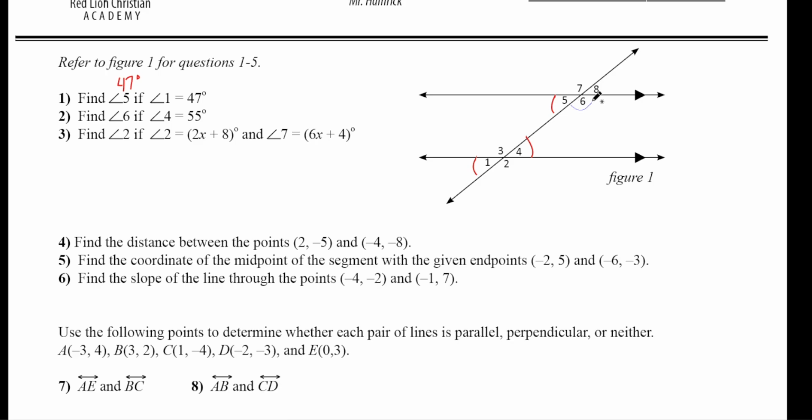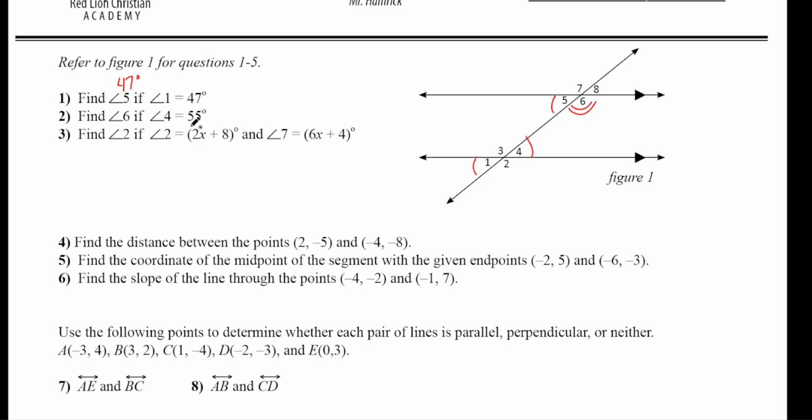But 6 is not acute, so I'm going to put 2 arcs for that one. So what's true about 6 and 4 then? Give me a word. They do add up to 180. You're right. They're supplementary. That's the word. They add up to 180, which means they're supplementary.